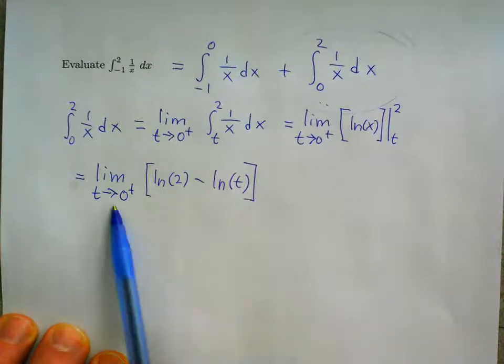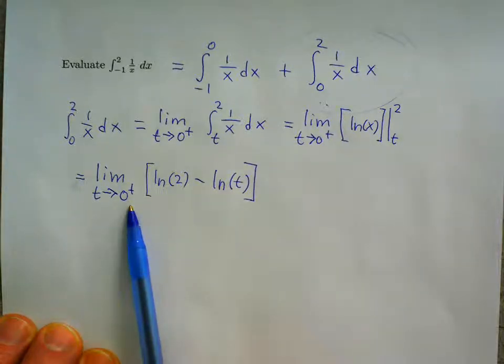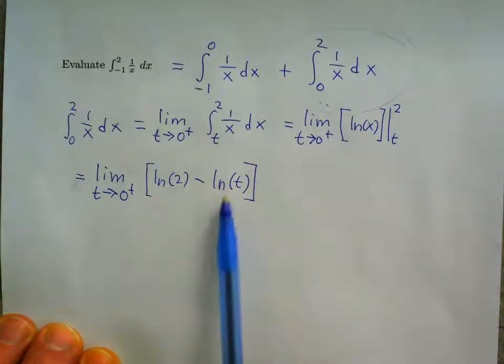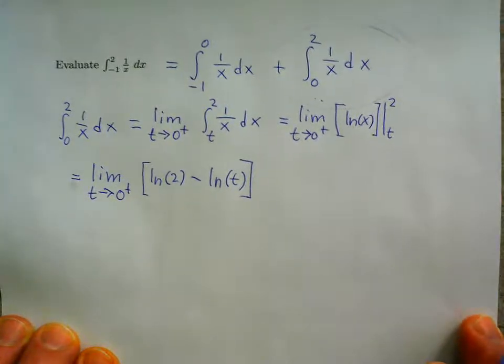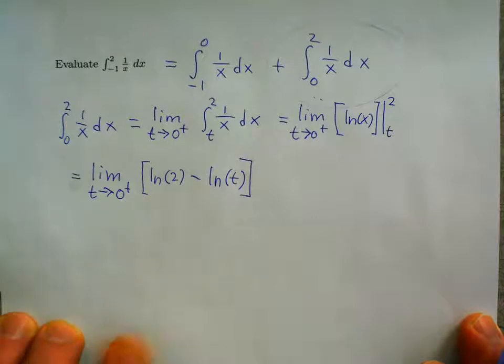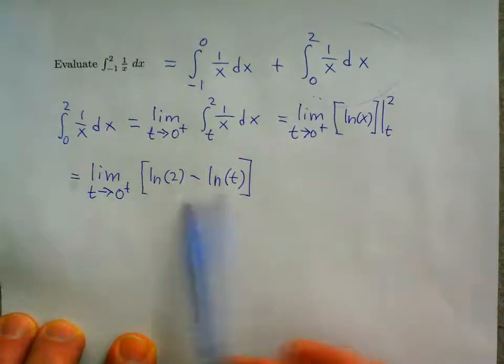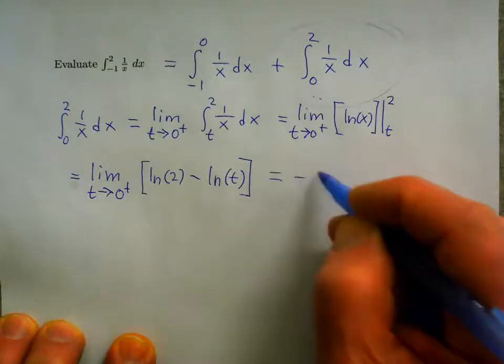So as t approaches 0 from the positive side, what does the natural log of t approach? Negative infinity. Yep. So this diverges. This is negative infinity.